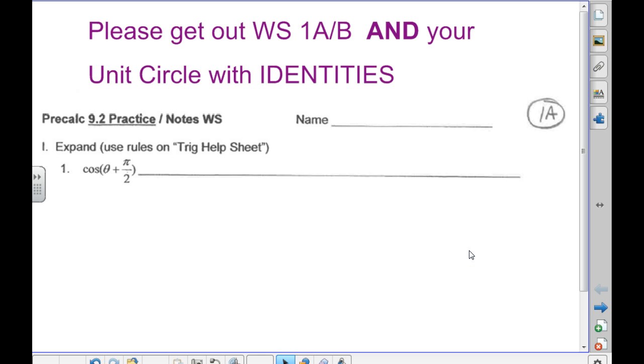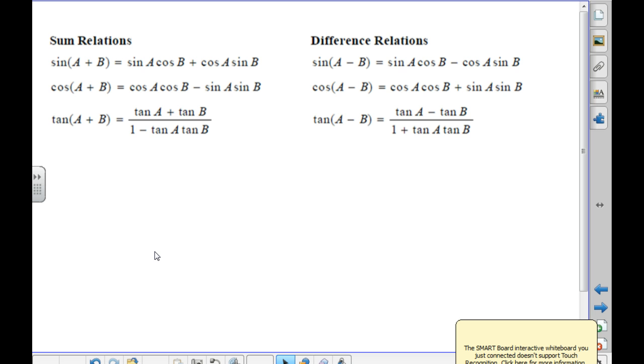The first thing we're going to talk about is expanding one that says cosine of theta plus pi over 2. So we're going to go to the identities here. Which one looks like the right one we might be using? Okay, cosine A plus B. Everybody okay?